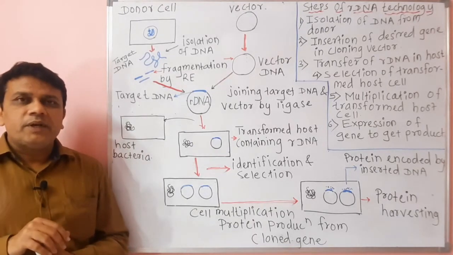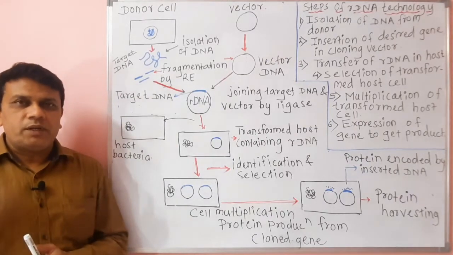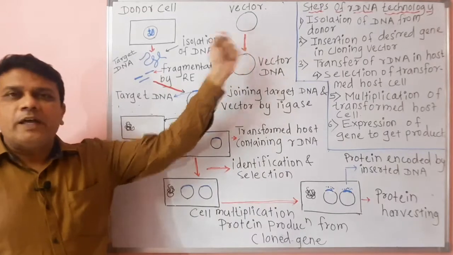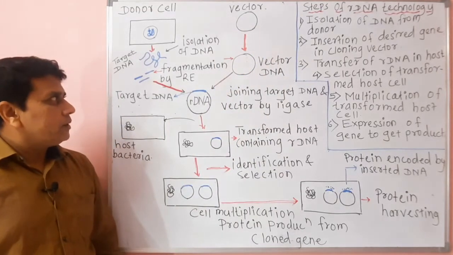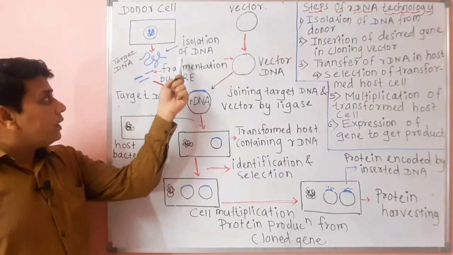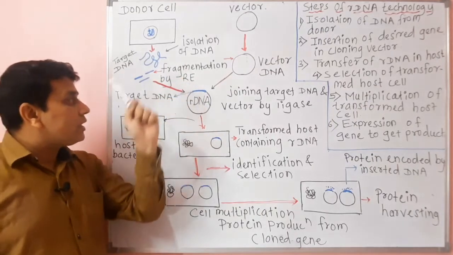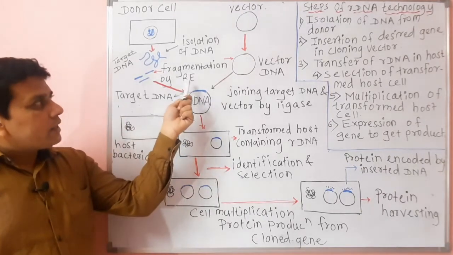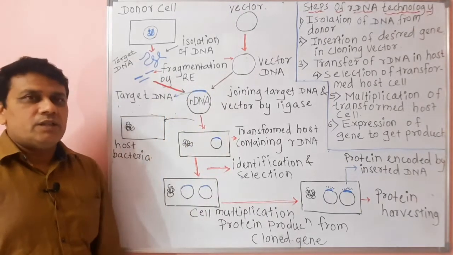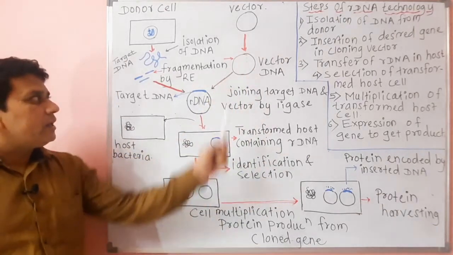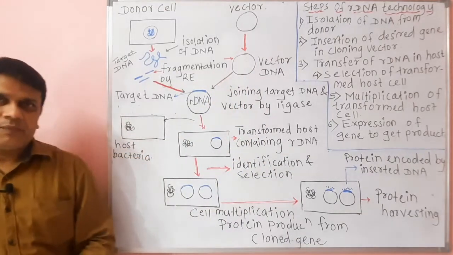Such pBR322 plasmid is commonly used. Then the vector plasmid is also treated with a restriction enzyme. As it is treated with this restriction enzyme, this vector DNA is cut at a suitable point.